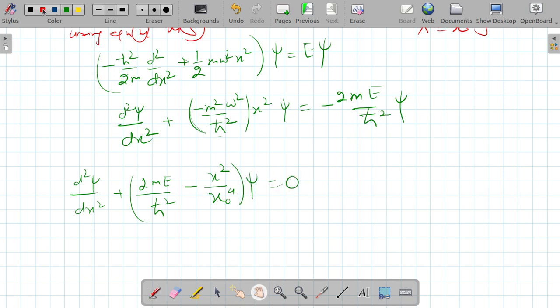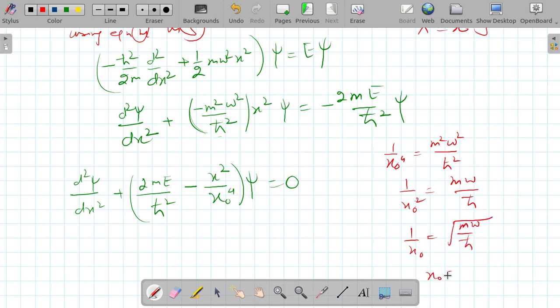So I've chosen that 1 over x naught raised to power 4 is m square omega square over h cross square. So 1 over x naught square is equal to m omega over h cross, or x naught is equal to the root of h cross over m omega, right?